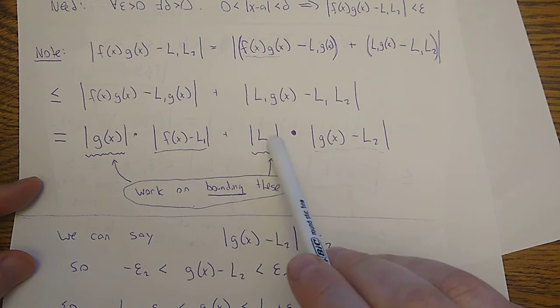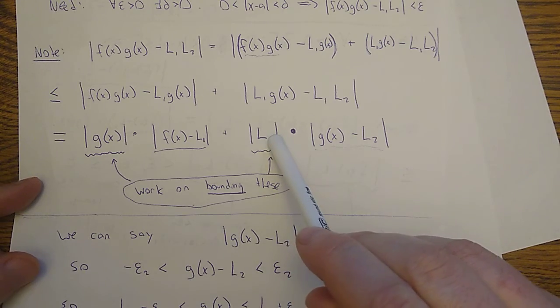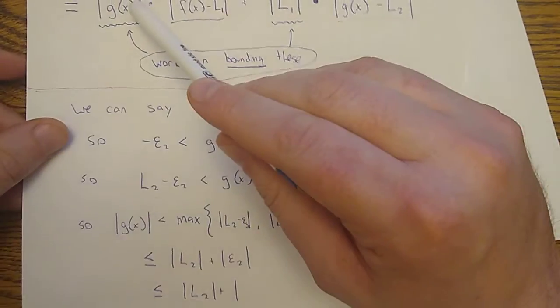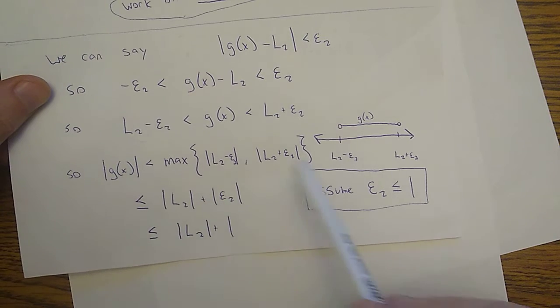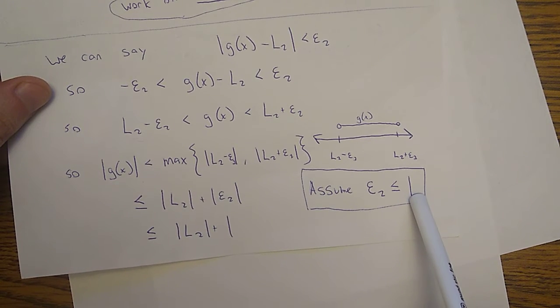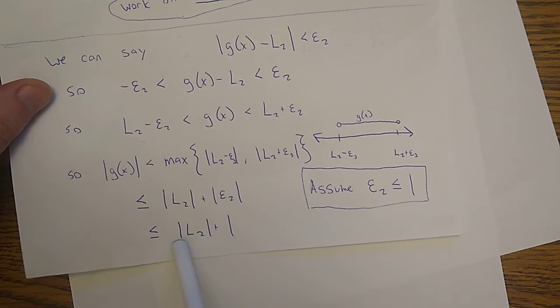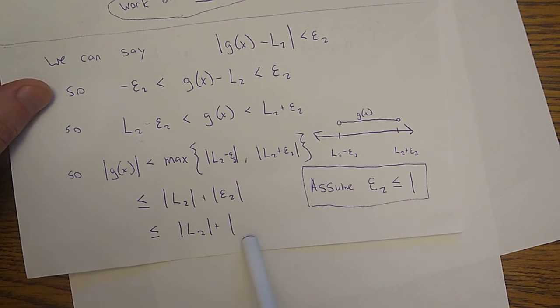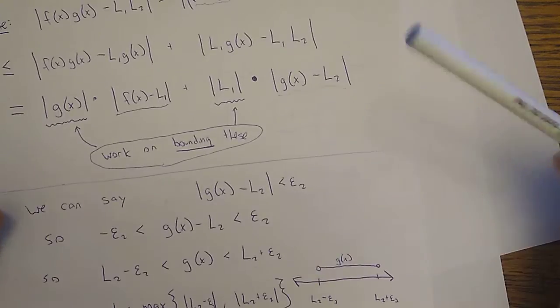And we kind of decided that L1 was easy because that's just a specific number. And then we started trying to bound g of x, and we got, at least under this assumption that epsilon 2 is at most 1, that g of x is at most this. So let's go back to where we were.